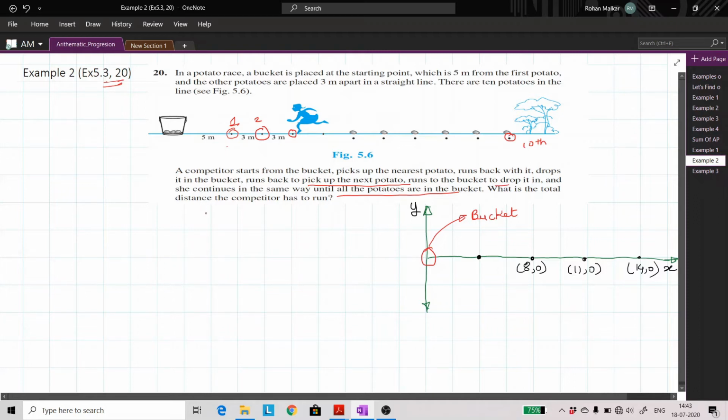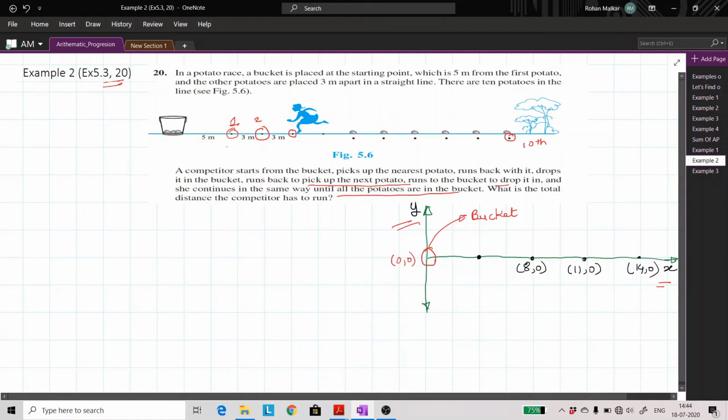So let's simplify this example as I've shown in this diagram. Here, if you see, I have drawn a coordinate system. This is my y-axis, this is my x-axis. This is my origin, 0, 0. At this origin is my bucket.